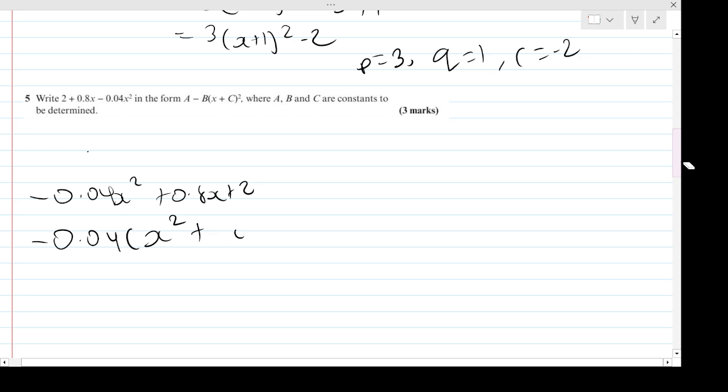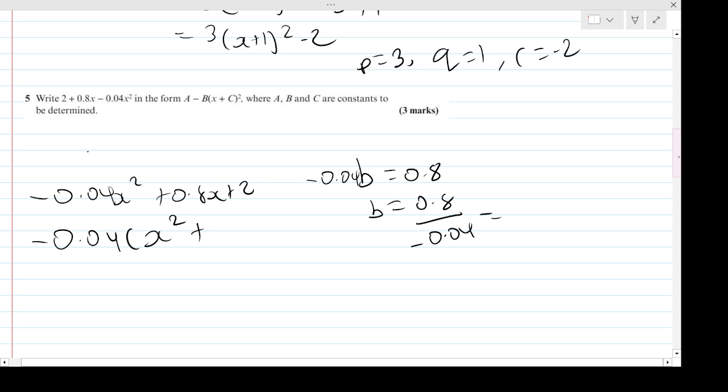So to work that out without having to struggle too much, I can just say, well, this number b times 0.04, which is 0.04b, would be equal to 0.8. Therefore, the number we need to put in the bracket would be 0.8 divided by minus 0.04.